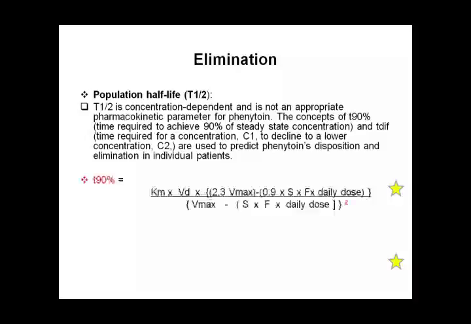The T90 equation is shown here, and remember that the value in the denominator is a square root. This is the time to reach 90% of steady state, assuming the use of these units for Vd, Km, Vmax, and dose.